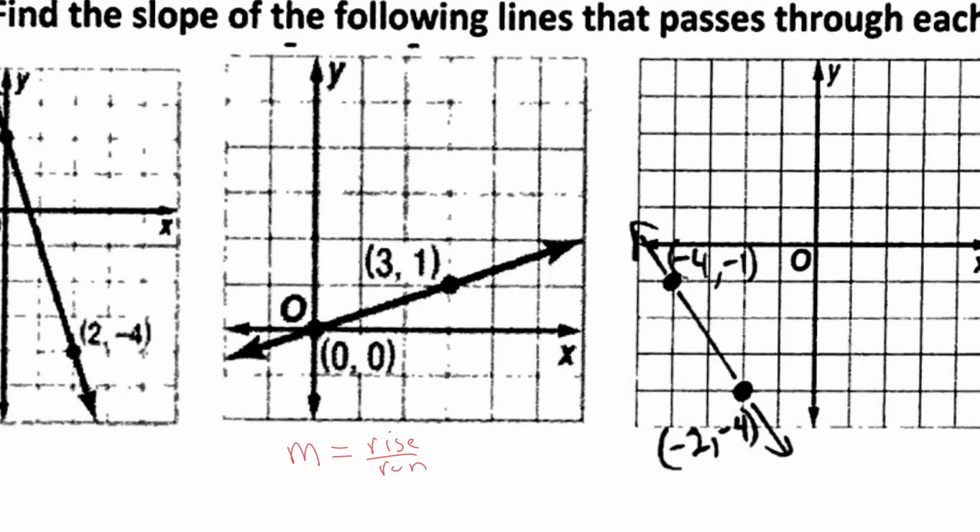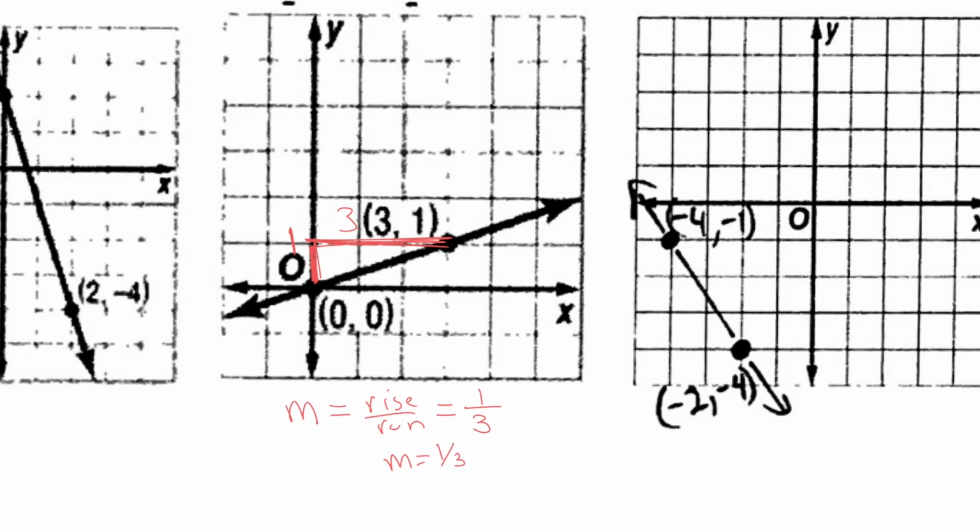So let me just draw the line. So here's up and to the right. So I go up 1 and I go to the right 1, 2, 3 steps. So I'm going to put run is 3. So when you guys have your slope, rise is 1 and the run is 3. So my slope is 1/3.